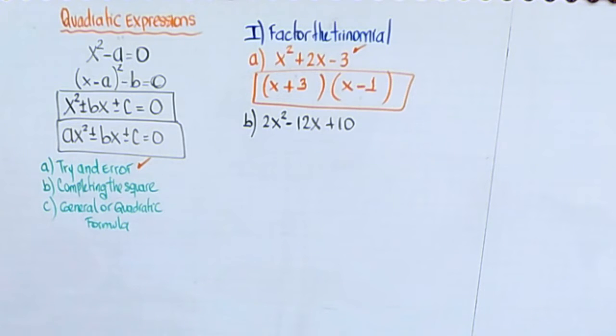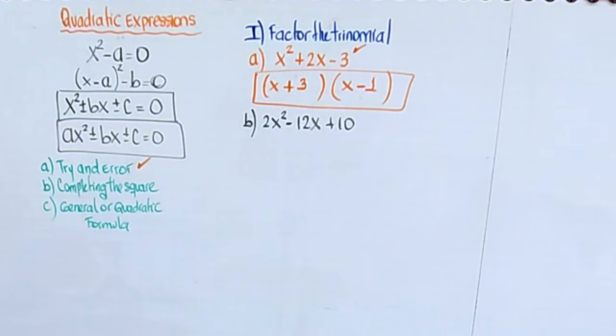Sorry, I don't know if you saw a curiosity just now. We have 2x squared minus 12x plus 10. Is there a curiosity? Yes or no? The three numbers are even, right? For that reason, we can take the greatest common factor.